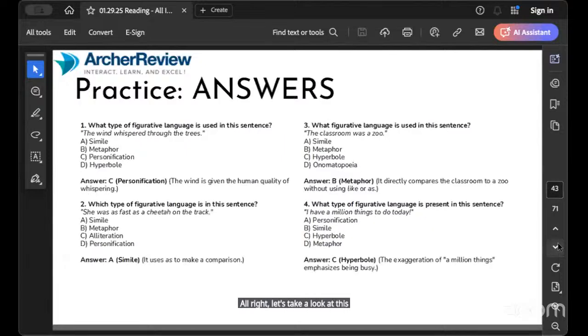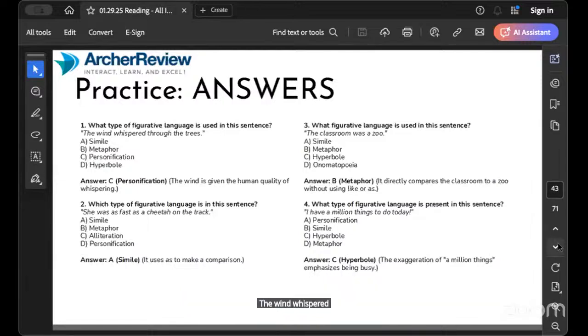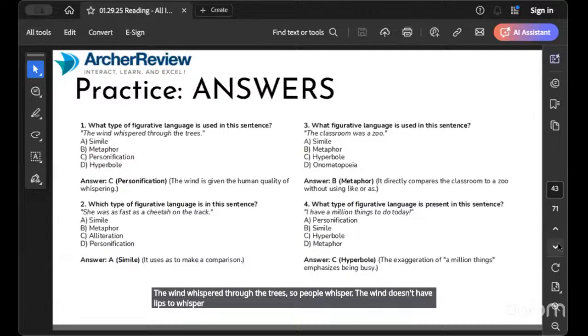So for number 1, C, personification. The wind whispered through the trees, so people whisper. The wind doesn't have lips to whisper, so that would be personification.